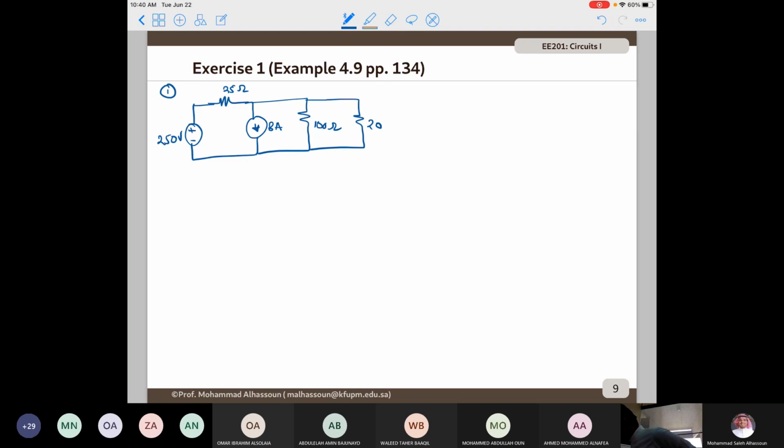Okay, so we can remove the 125 and the 10 ohm resistor, and we get this simplified circuit.